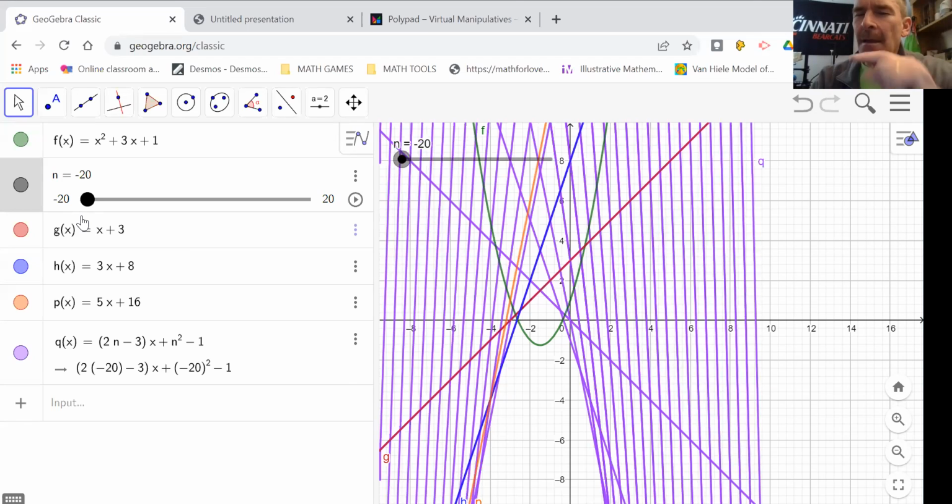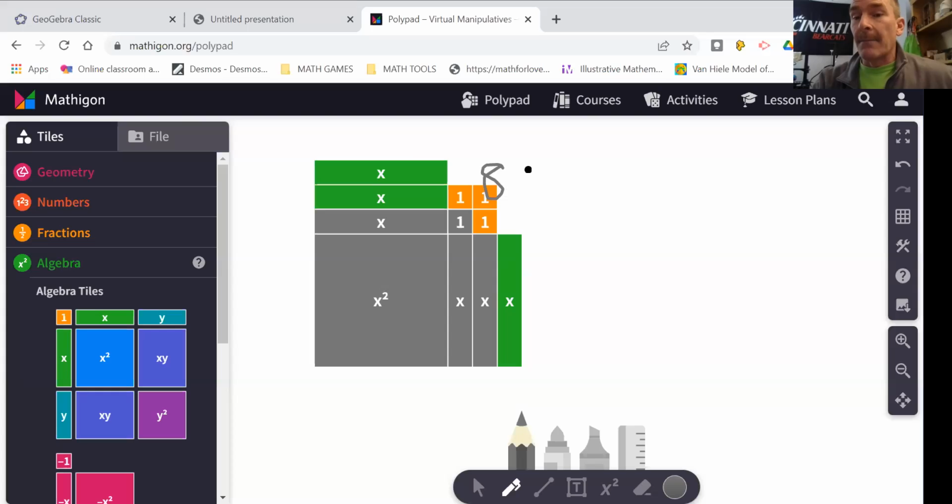It's not 16 because there was already a unit square in my collection of algebra tiles. The reason it would be 16, but I've already got one in there, so I'm going to take one away and make it 15, if that makes sense. Great question.